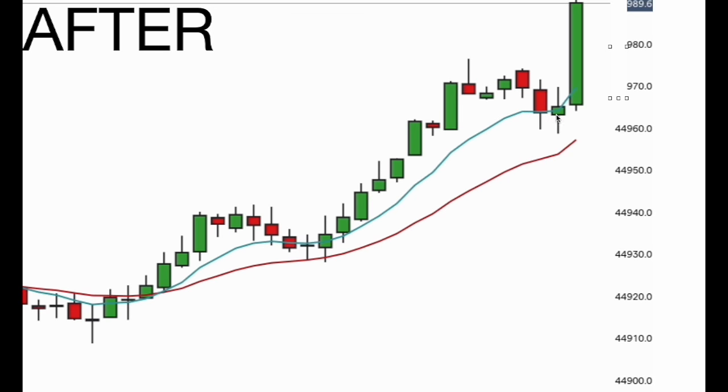We're looking for the context to be correct, so price to be right next to value. We're looking for the content to be right, so price being just above the 8 EMA, and therefore I'm looking for a long. I'm looking for a tiny wick to come in, followed by green, and then I'm in. That's what I'm looking for.